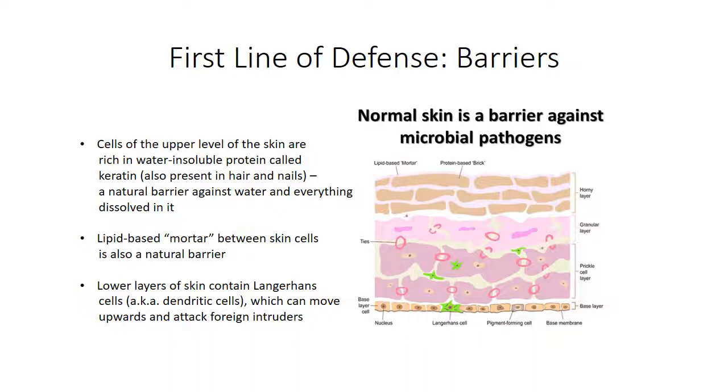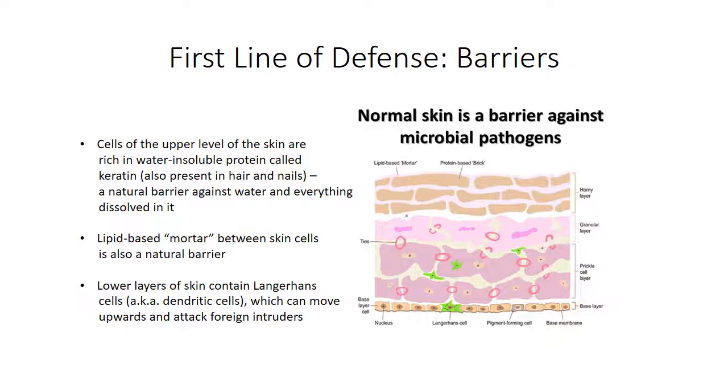These cells are part of the immune system. They have a name honoring the German scientist who first described them, Langerhans, or they are called dendritic cells because of these dendrite-like appendages. They are very active.